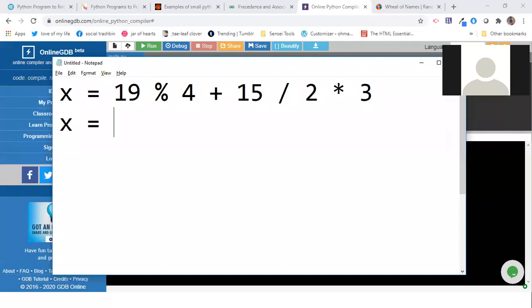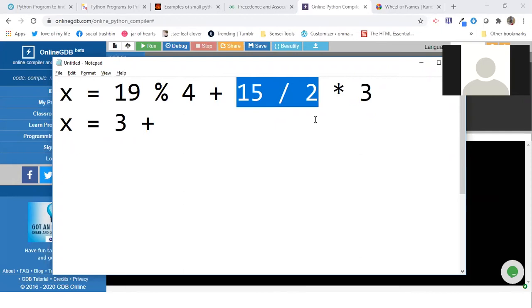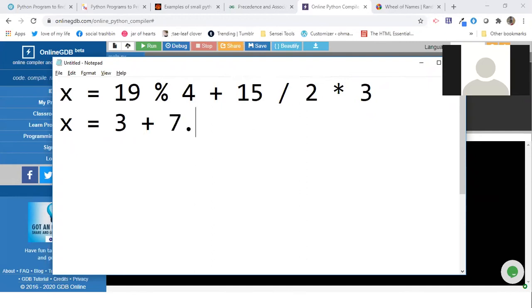Modulus. 19 modulus division 4 is 3, ma'am. 3. 15 divided by 2 is 7.5.